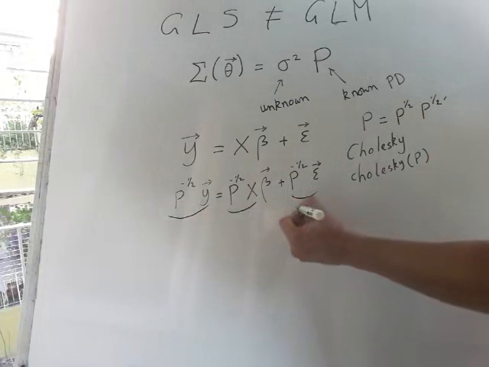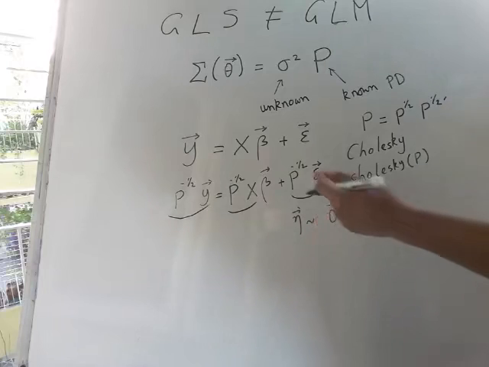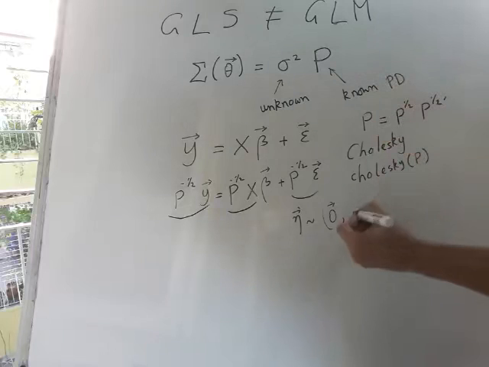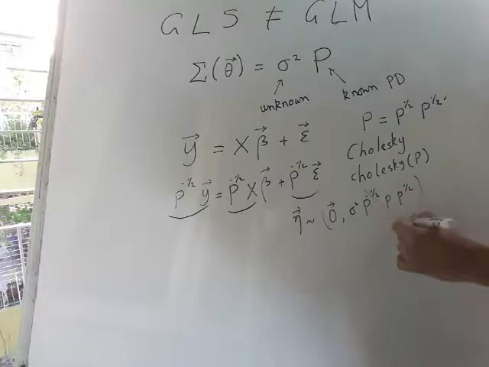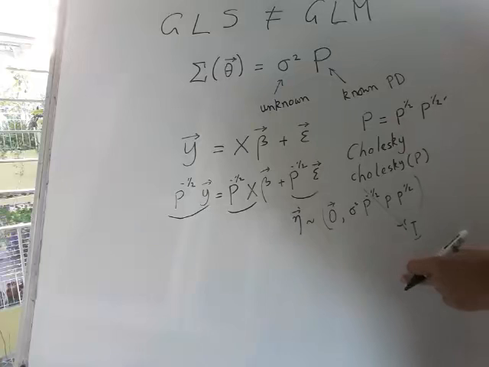If I call it epsilon, then epsilon has mean 0. It had mean 0, you have pre-multiplied it with something, still mean 0. It had covariance sigma square P, so now it is sigma square P to the power minus half times P to the power half, and that is just the identity. So now you have reduced it to our familiar Gauss-Markov setup, and you can just proceed.